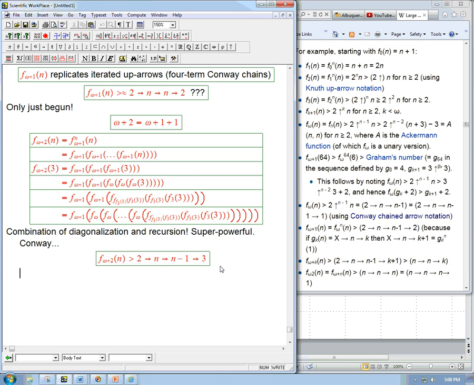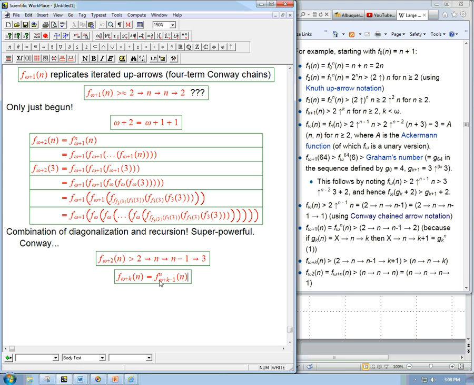And of course, we can go to f sub omega plus k for any k. And that's just defined by f sub omega plus k minus 1, if we've already understood that, repeated n times of n.